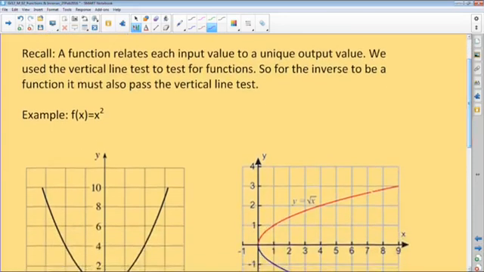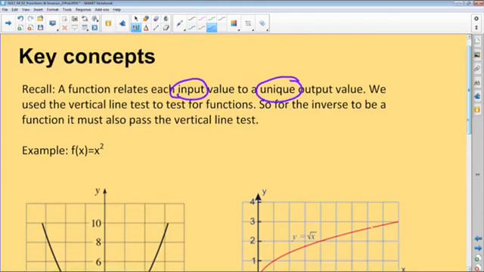Now remember from the last lesson and from what we've revised that a function will always relate each input value to a unique output value. What that was called is one x value to one y value, or many x values to one y value. This would be a set of your x values, which we call the domain, and then the unique output values are what we call the range.